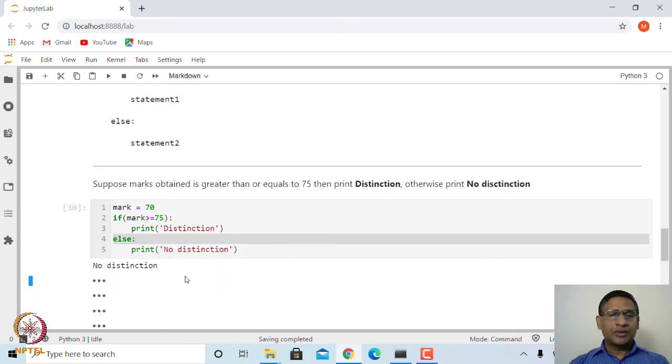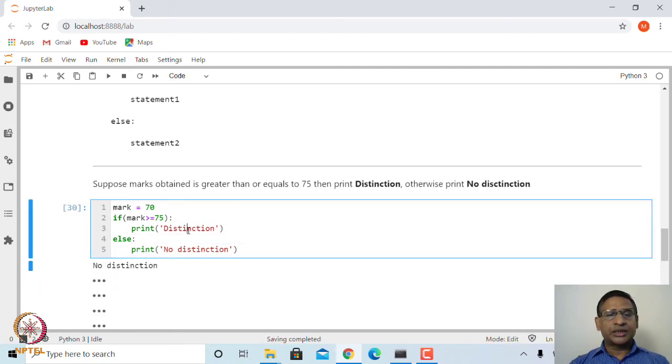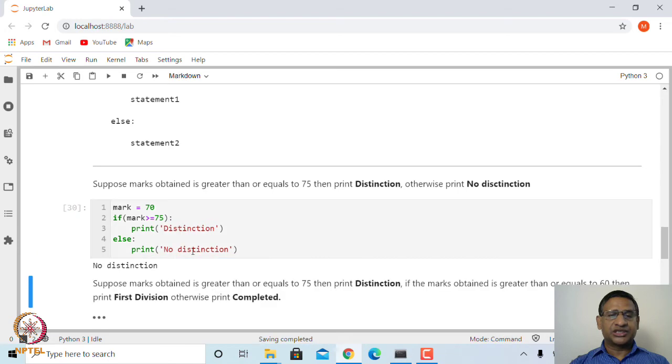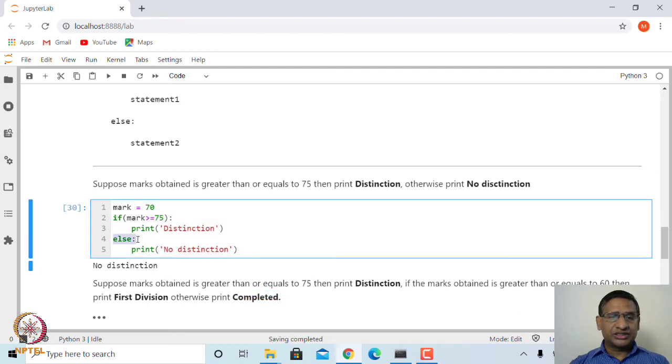Now, suppose I have another condition. For example, if marks is greater than equal to 75, you print distinction. In case it is greater than equal to 60, print, let us say, first division, and otherwise you simply say completed, the course is completed. So, how do I say that? In this else we have to have another if condition.